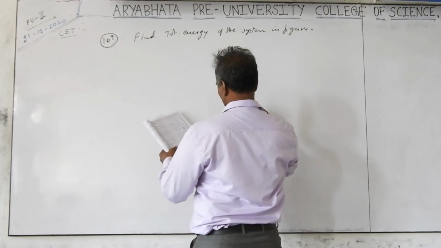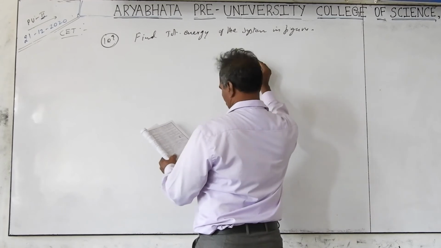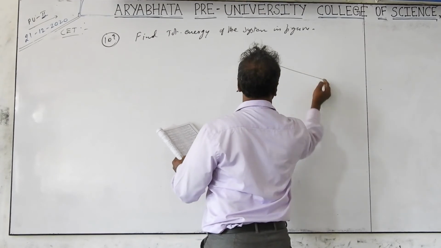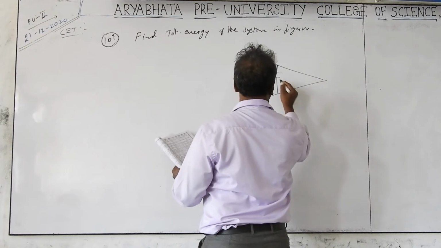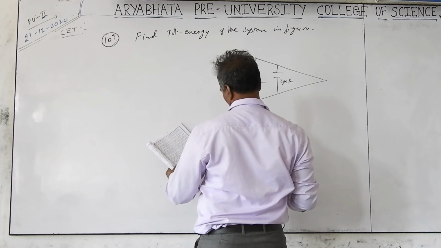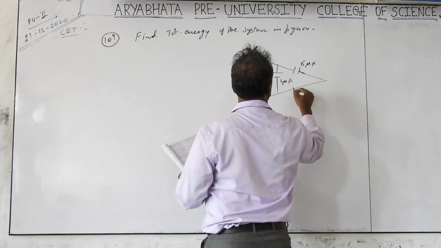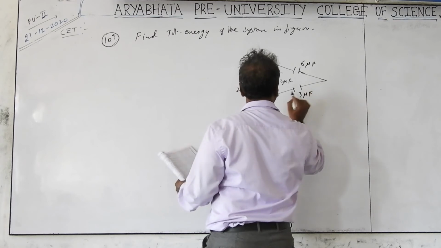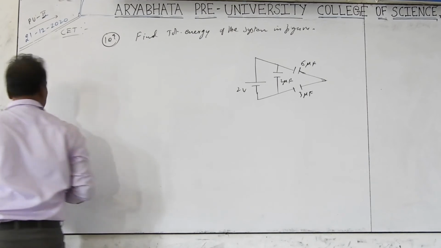In this arrangement, the potential difference of the battery is 2 volts, and the capacitance of one capacitor is 2 microfarads, and here it is 3 and 6 microfarads. Here 6 microfarads, here 3 microfarads. Here there is no joint. When the joint is not there, then these two capacitors are coming in series.